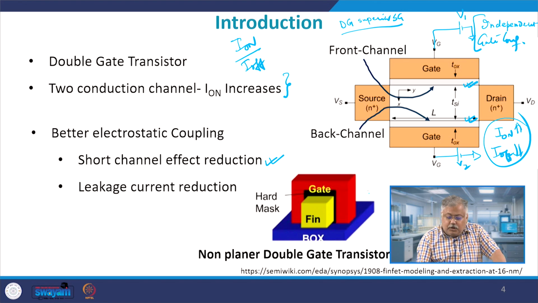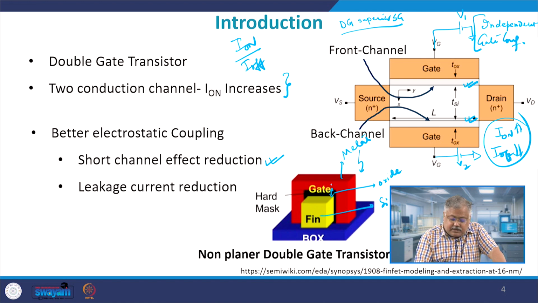The figure below which you see here is actually a figure of a FinFET, but I have a hard mask, which is an oxide layer here. This is an oxide layer, this is silicon, and this is your metal gate which you have put, and it is surrounding on all three sides. But what I have done, interestingly, is that this oxide layer at the top gate is much thicker.